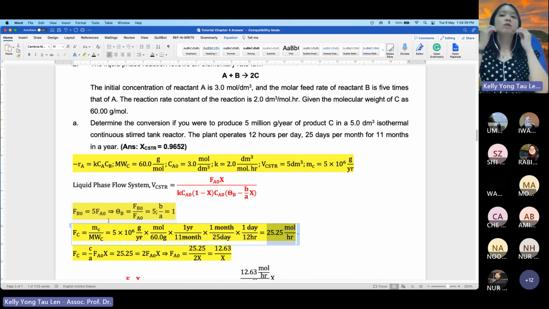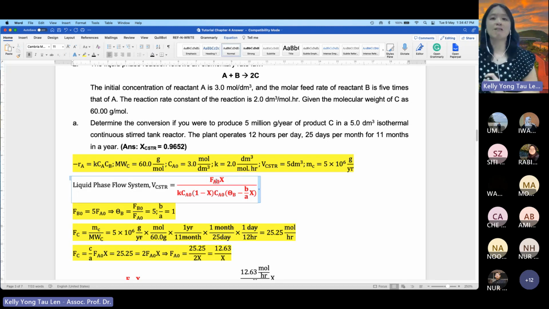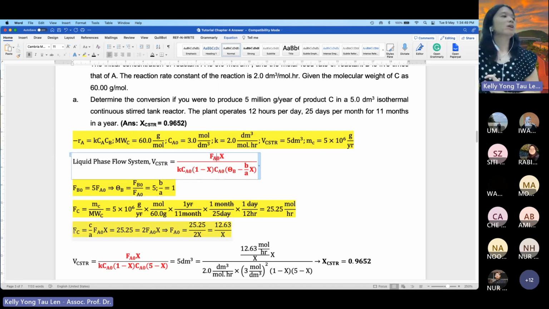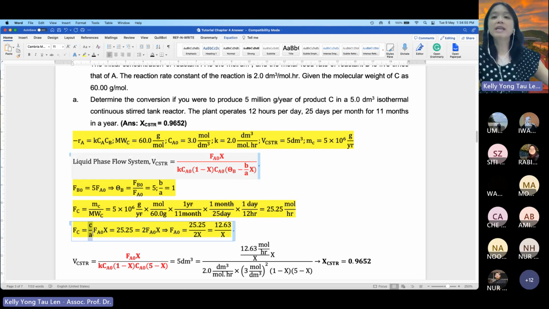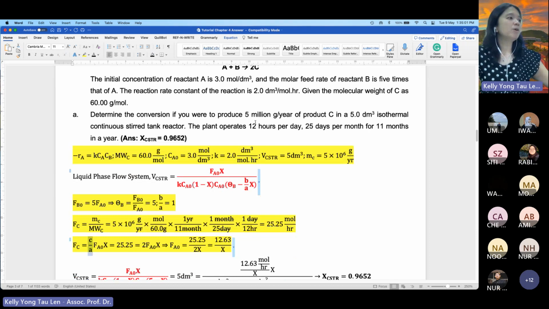Jangan lupa we have to find FC in order for us to find FA0 sebab dalam soalan kita ada FA0. So from the stoichiometric table, the correlation is FC equals to C per A FA0 X. C per A ni adalah stoichiometric coefficient.